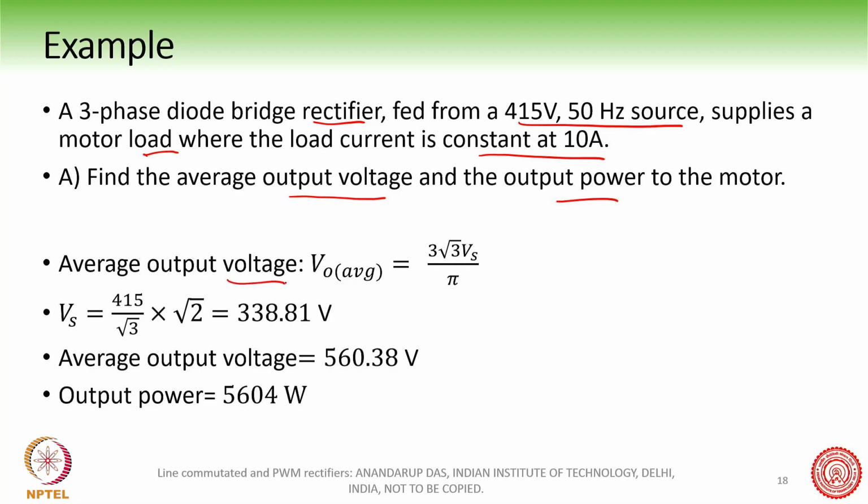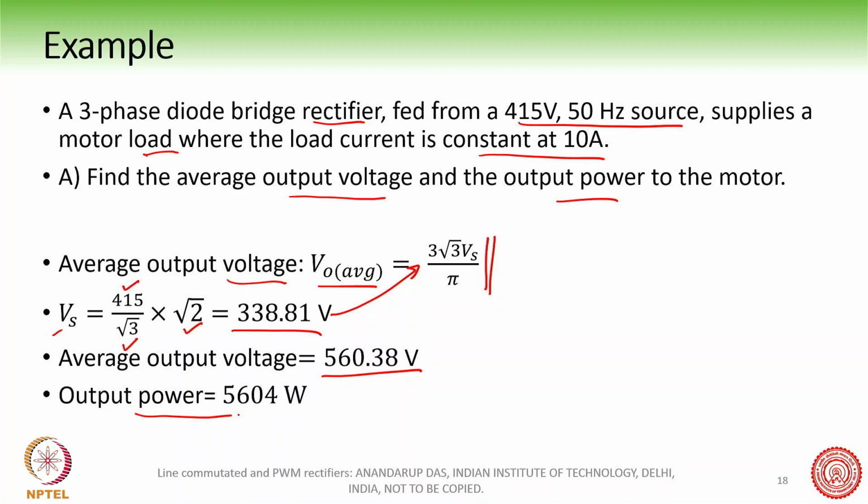What is the average voltage output? If you can quickly recall, V0 average is equal to 3√3 Vs by pi, where Vs is the peak of the phase voltage, that you have to remember. Therefore Vs in this case is the line voltage divided by √3 into √2, that is the peak of the phase voltage, which comes out to be 338. Substituting this value, we get the average output voltage as 560 volt.